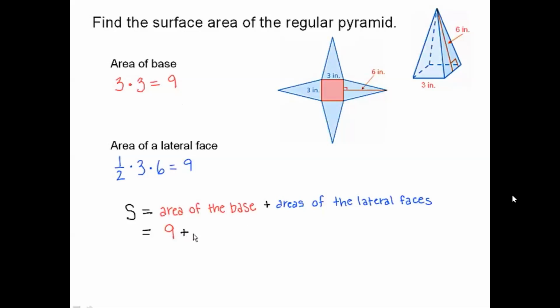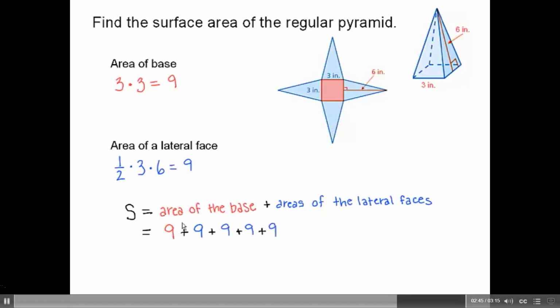And then we add the areas of the lateral faces. So we found our lateral face area is 9. But remember, it says the areas of the lateral faces, and there are 4 lateral faces, all with the same dimensions. So that means the area of each lateral face is 9. So we need to add 9 4 times.